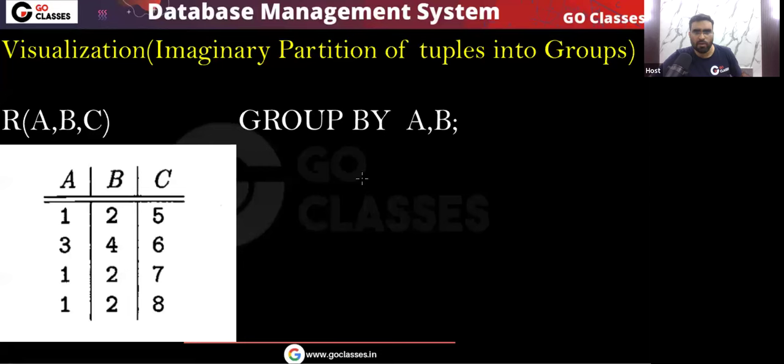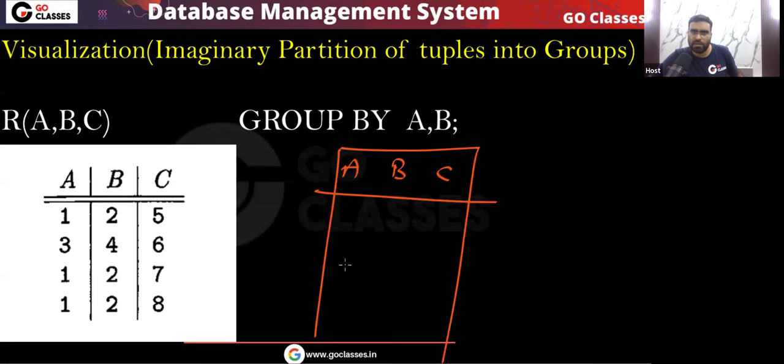Very simple. Group by AB, how many groups will be created in this table? Group by AB: 1 2, 1 2, 1 2. So they will be in one group, and this will be in another group. See, this group will be created where you have 1 to 5, 1 to 7, and 1 to 8. This will be group number 1.